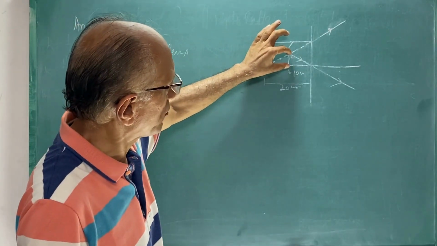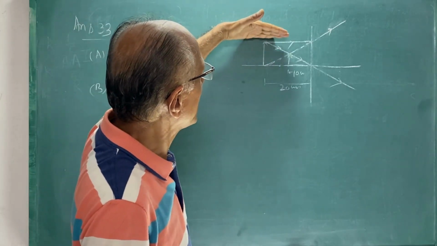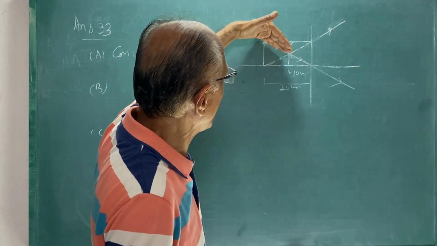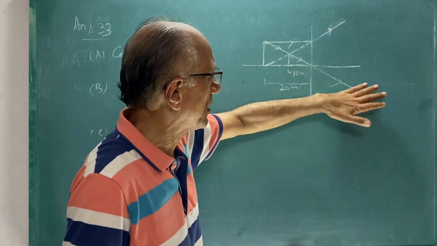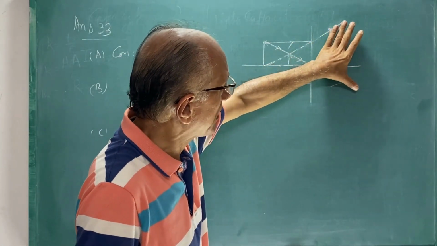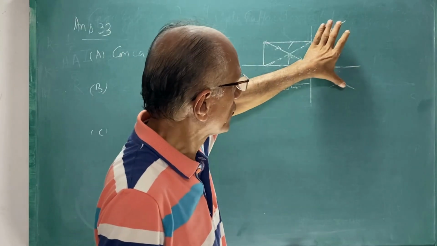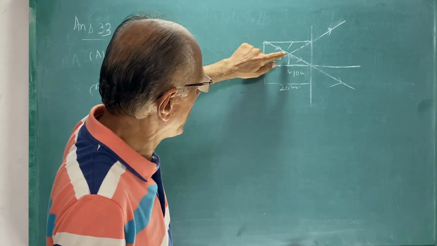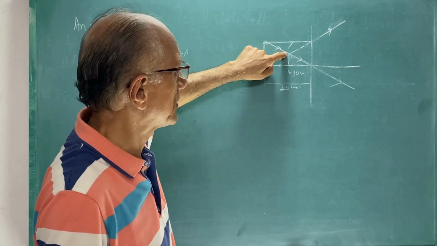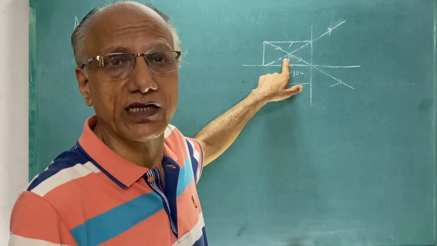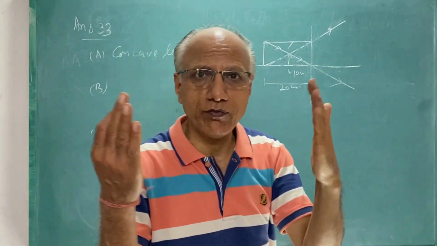Second, the nature of the image formed. So what is the nature of this image? Just see, this is the real ray which is being diverted here. This is the real ray which is going undeviated on the second side. These are being diverted or diverged, so they won't meet anywhere, but they appear to meet somewhere here. Means here the rays are not actually meeting, but they are appearing to meet.